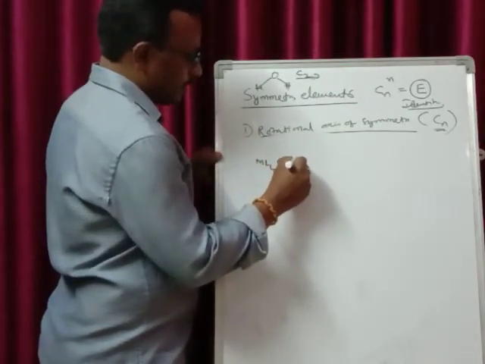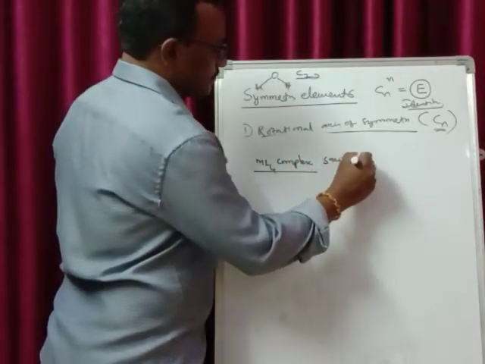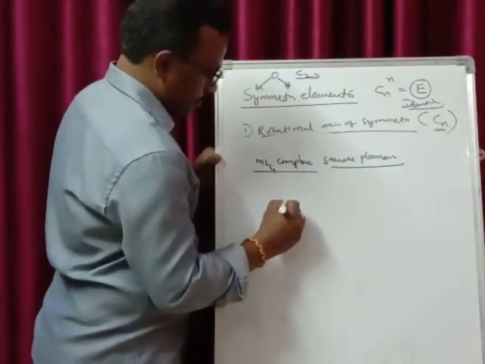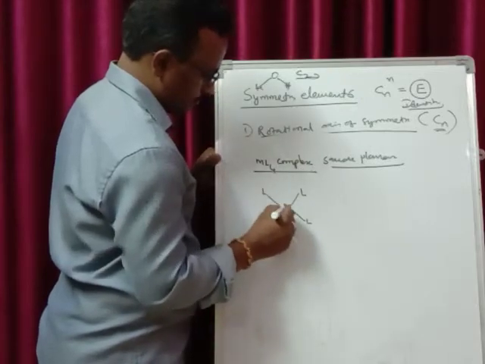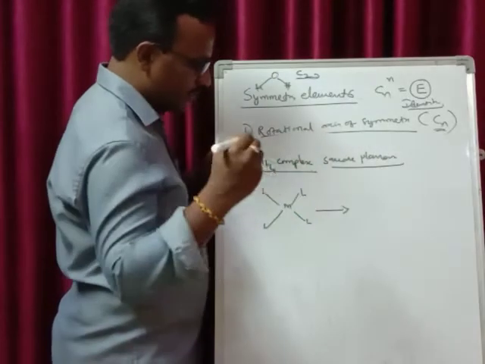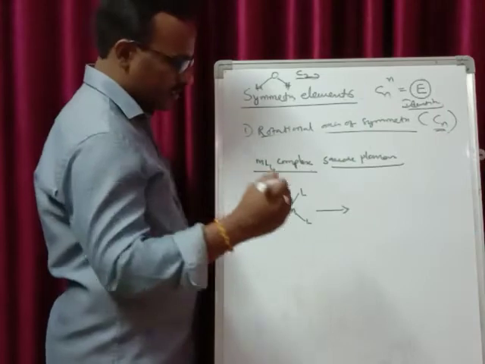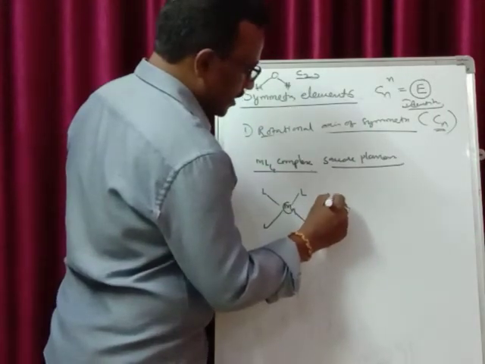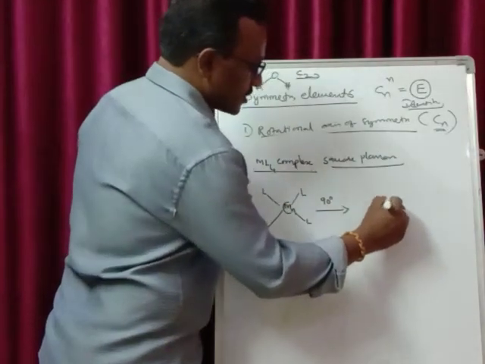They are generally square planar, ML4 square planar complexes. Now, the axis will be passing from the center of the metal atom, and on rotation by every 90 degrees, every 90 degrees will give you an equivalent structure.